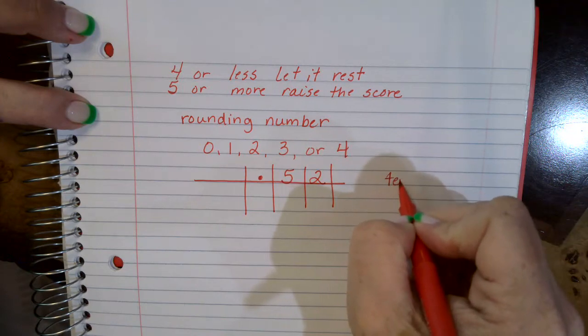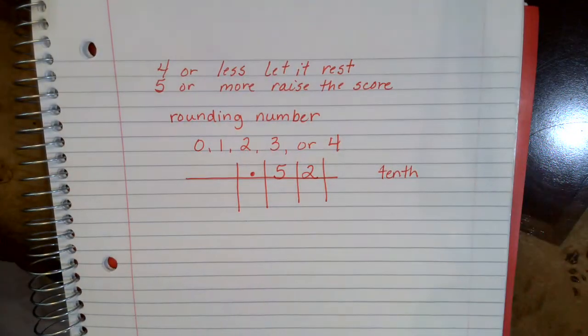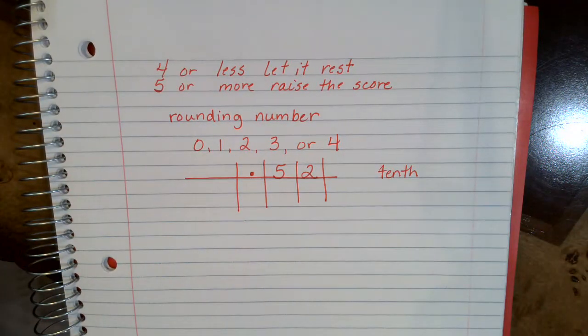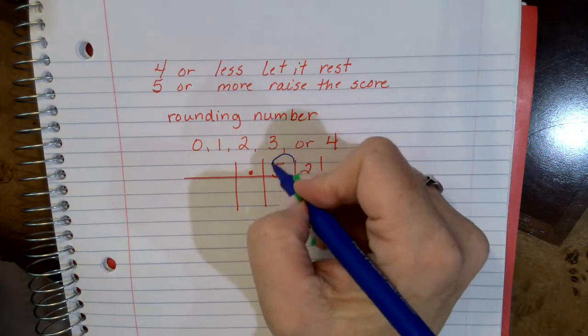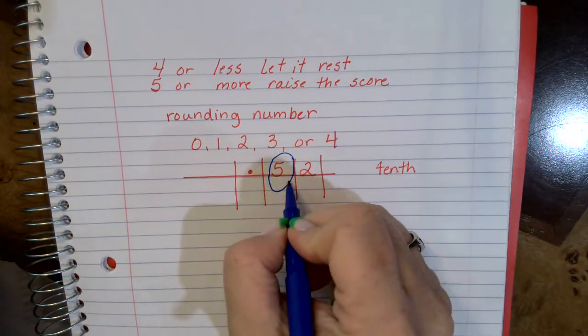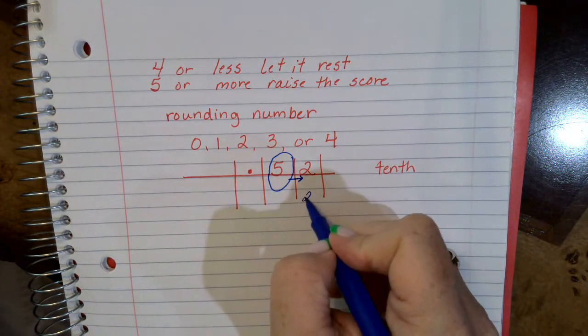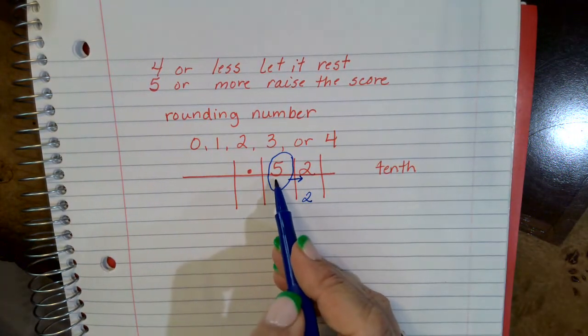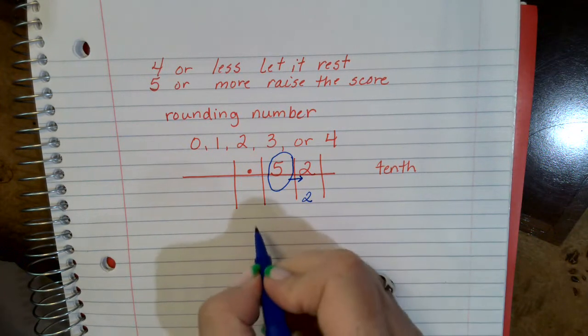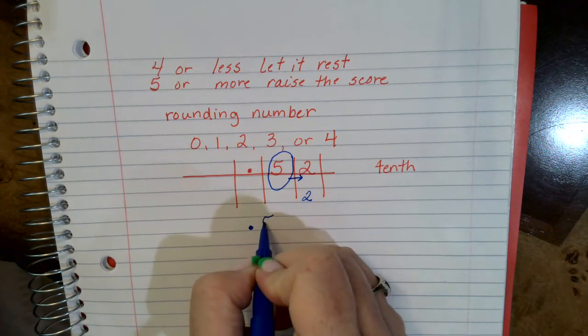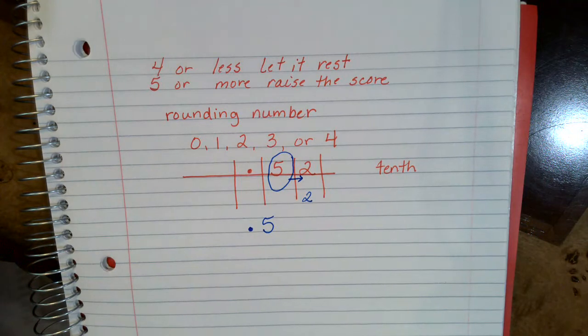Round to the nearest tenth. This is the place value we're going to round. This is what we're going to look for. Our number is 2.5. Our 5 stays where it is, decimal point 5. So it's left the same, or it stays the same.